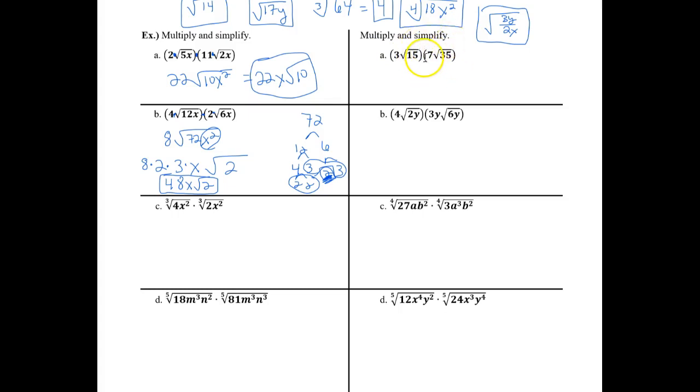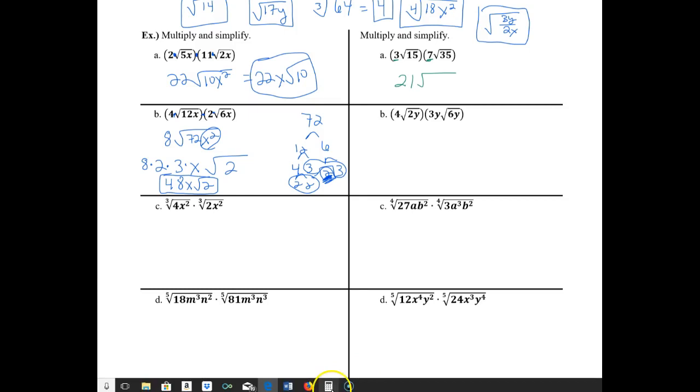But I have that property that says if I'm multiplying two radicals with the same index, I can multiply their radicands together underneath the radical. I'm going to start with the coefficients though. 3 times 7 would be 21. Underneath the radical, I would have 15 times 35, which is a little bit larger for us.